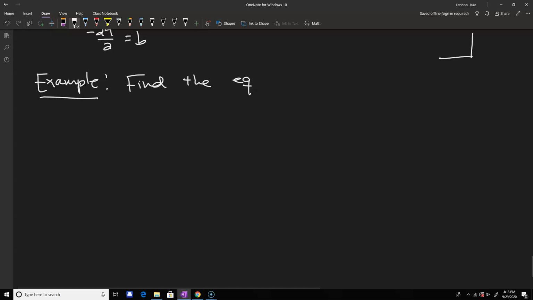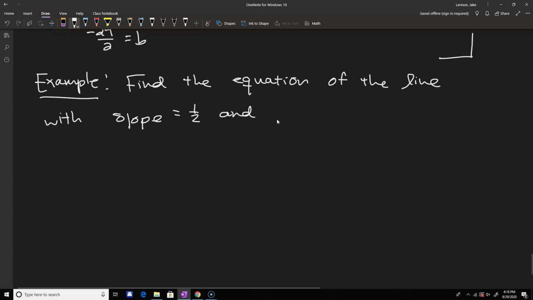So let's do another example where we're maybe a little bit more explicit about what we have. I think there's a few of these on the homework. Let's say find the equation of the line with slope 1/2 and y-intercept (0, 4).